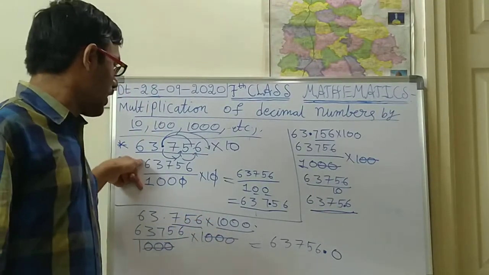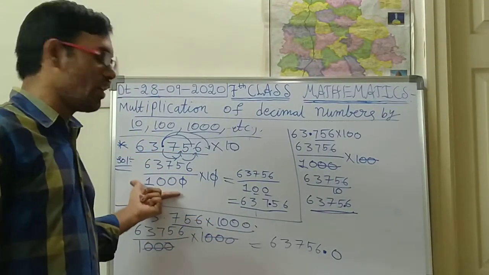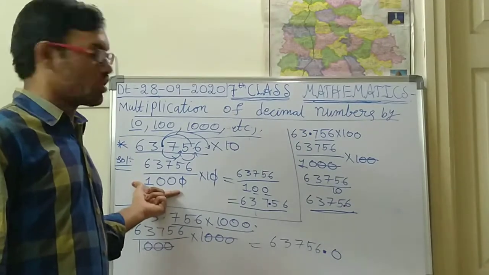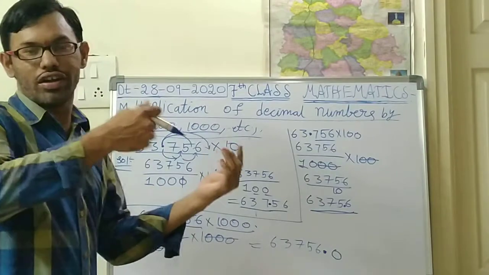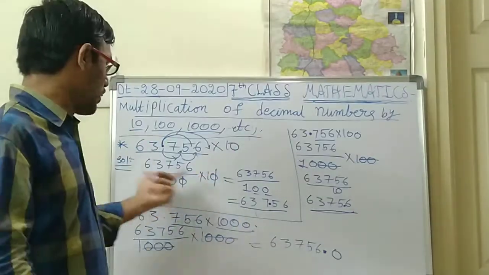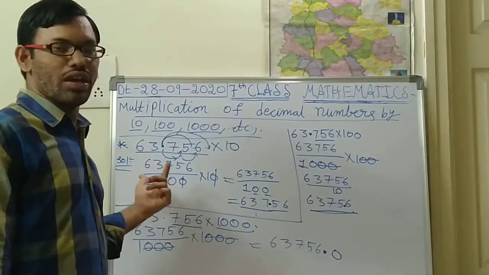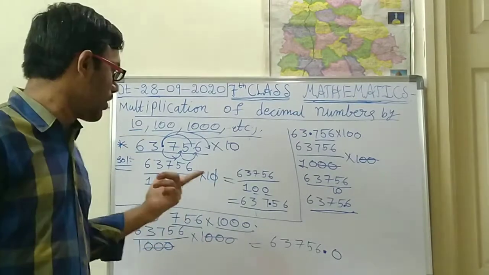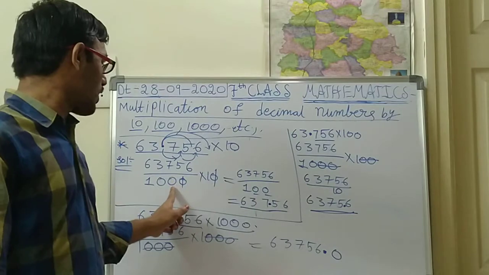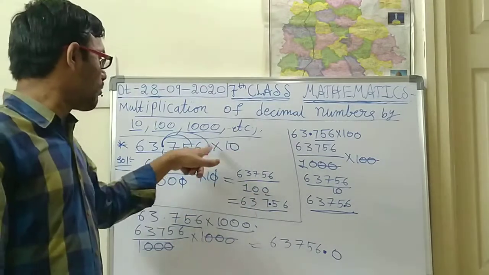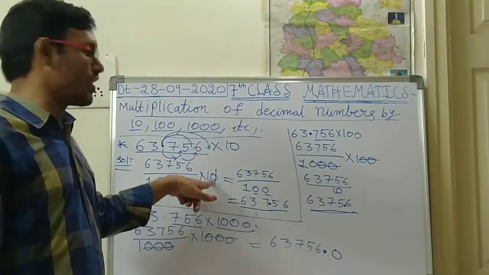You are supposed to convert the decimal number into the fraction part. I explained how. If you want, once again, you can go back and watch, so that you can listen one more time clearly. After converting into the fraction, you multiply with the 10. Cancellation will be done.